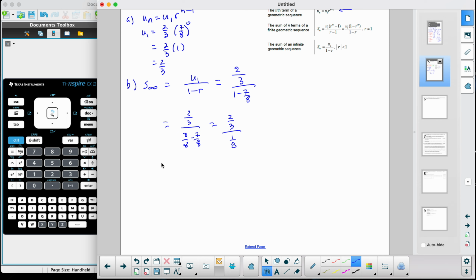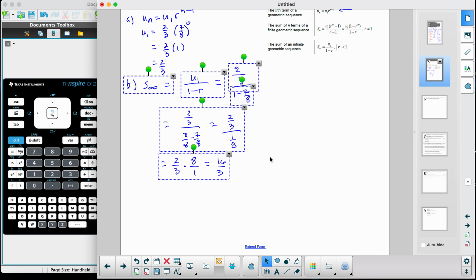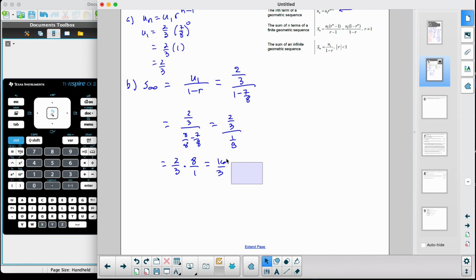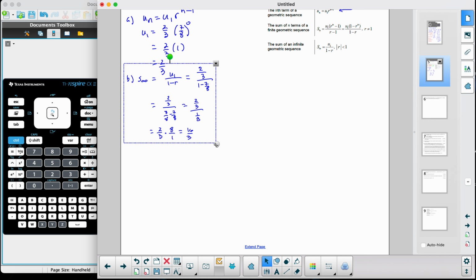Keep change flip, so that becomes 2/3 times 8/1, because you're dividing by 1/8, which means you multiply by 8/1. So it becomes 16/3. That's the sum to infinity.